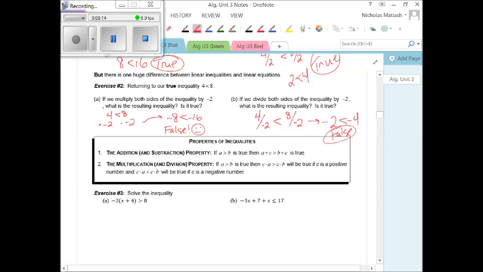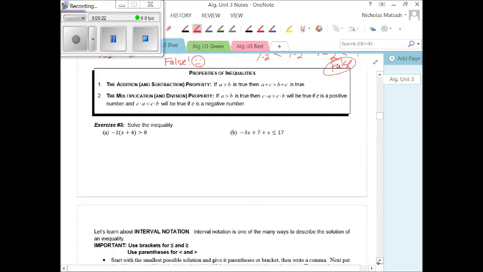For part B, we're going to end up dividing by something. But what that something is, is why the change happens, why this specific thing needs to be addressed. So when we multiplied by a negative number, that's why these things end up being false. Because by multiplying a negative, the signs change, and then the inequality itself doesn't remain with its truth value.